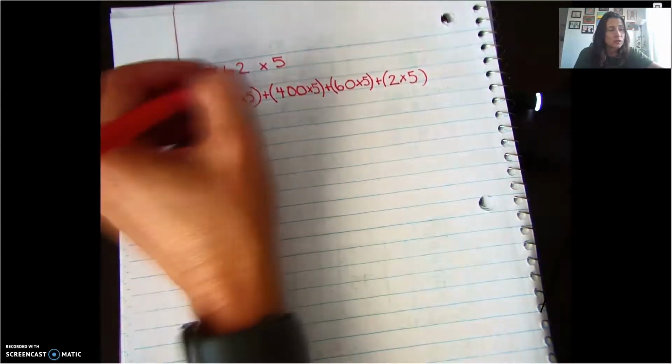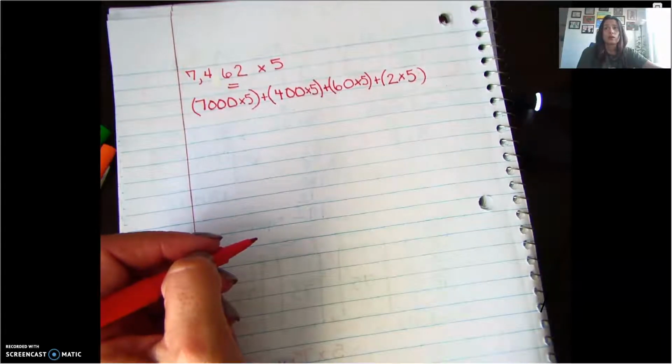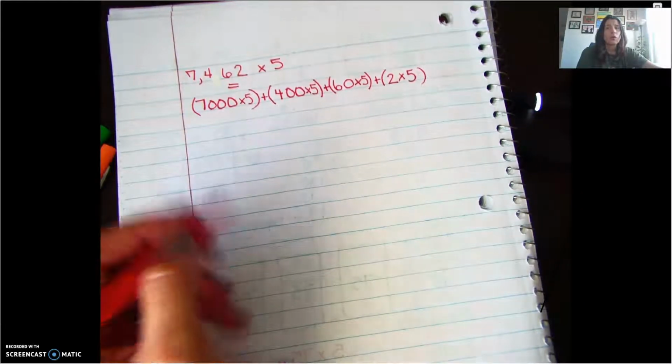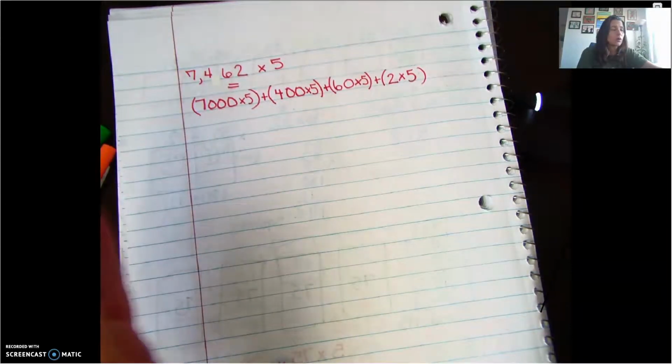So these two are equal. Now, you also have to be careful with where it might try to trick you.